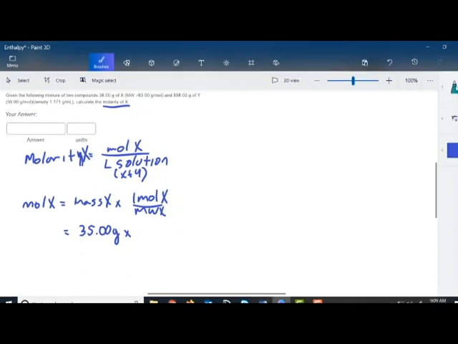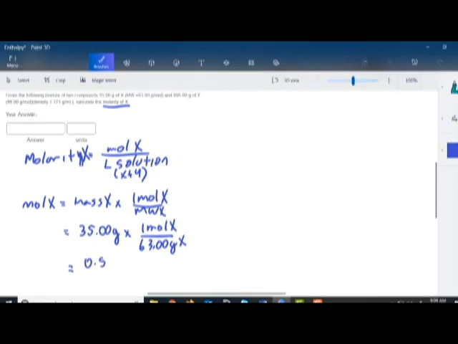And there's an example of that in the previous problem, the percentage problem. And the molecular weight we're given is 63.00 grams of X. This is going to come out to be 0.5556 moles of X. So that's 4 sig figs.